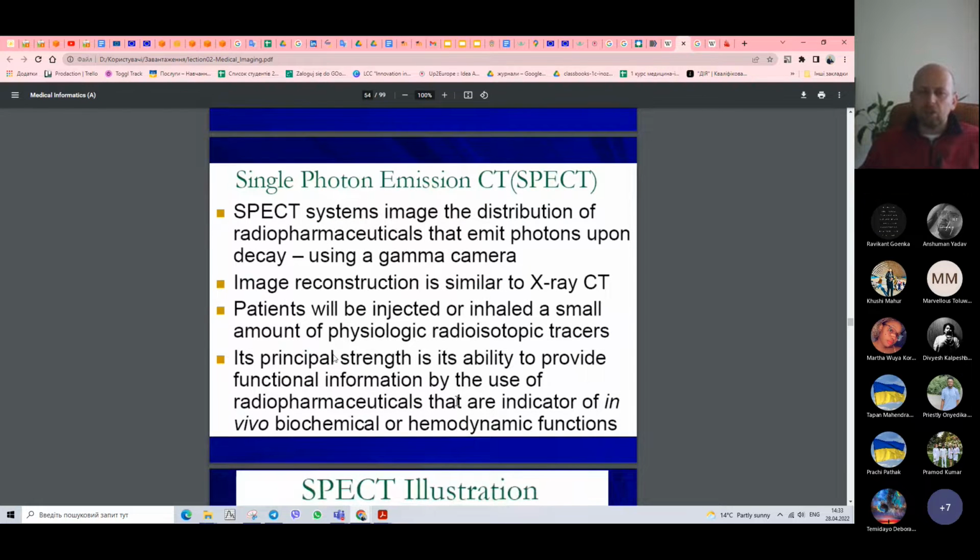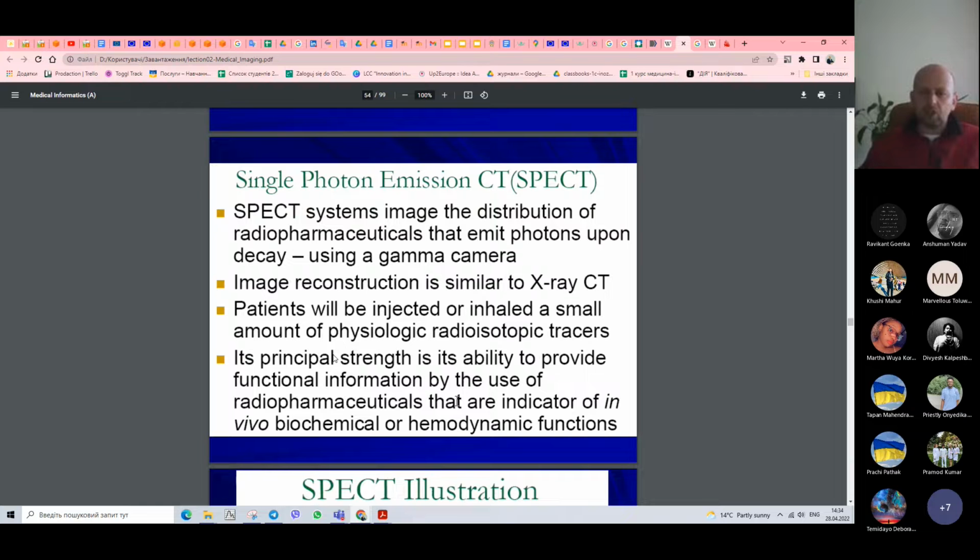Single photon emission computed tomography systems image the distribution of a radiopharmaceutical that emits photons upon decay, using a gamma camera. Image reconstruction is similar to X-ray computed tomography.